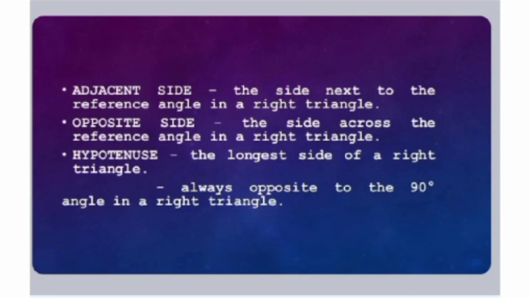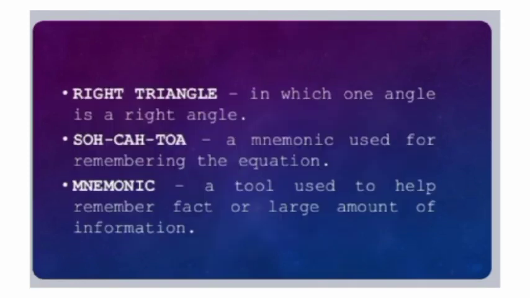Opposite side, the side across the reference angle in a right triangle. Hypotenuse, the longest side of a right triangle, always opposite to the 90-degree angle. Right triangle, a triangle in which an angle is a right angle.